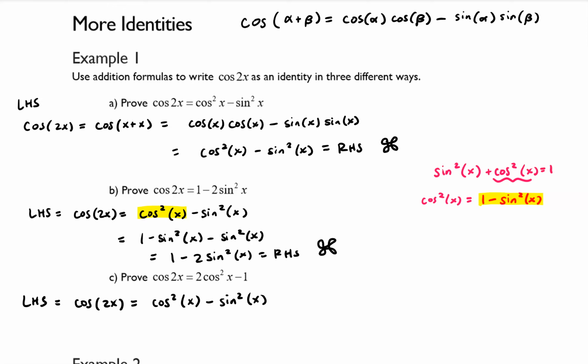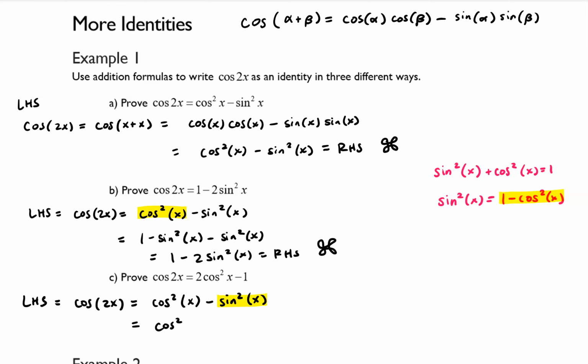And so if I come back up here and I solve this identity for sine squared x, we get that sine squared x is equal to 1 minus cosine squared x.